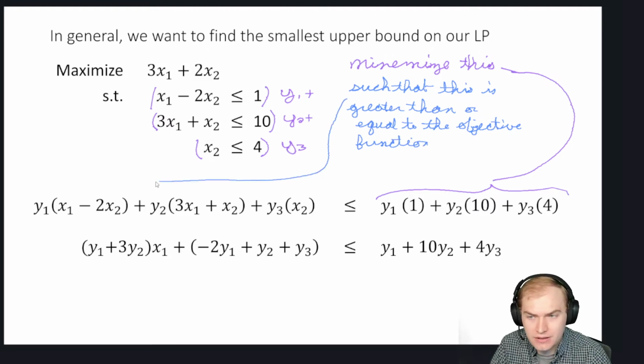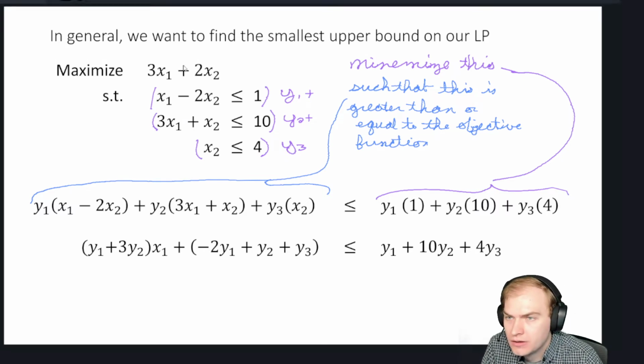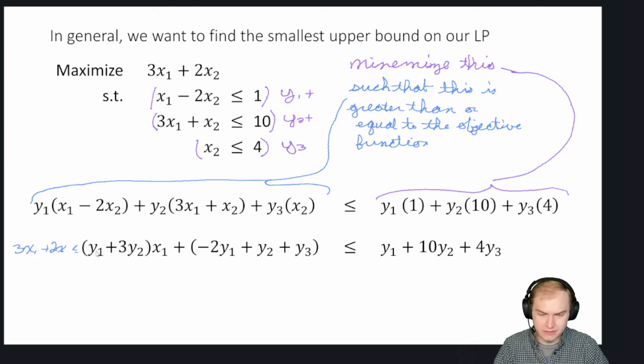So in our case, we want 3x1 plus 2x2 to be less than or equal to this linear combination, which then tells us that our objective, 3x1 plus 2x2, is less than or equal to the right-hand side.